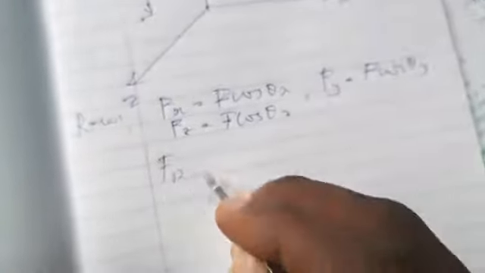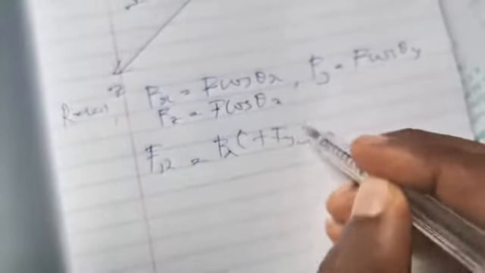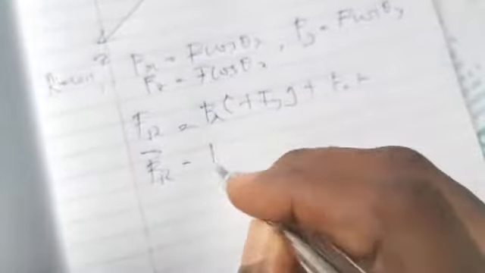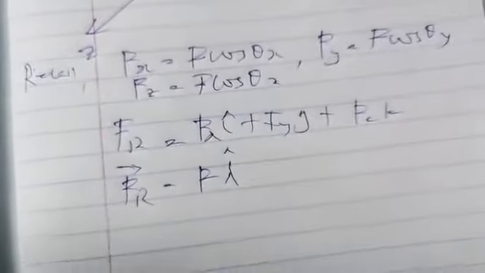We said F resultant in vector is simply Fx i plus Fy j plus Fz k, and we conclusively obtained that resultant force in vector form is simply what? Magnitude times unit vector.